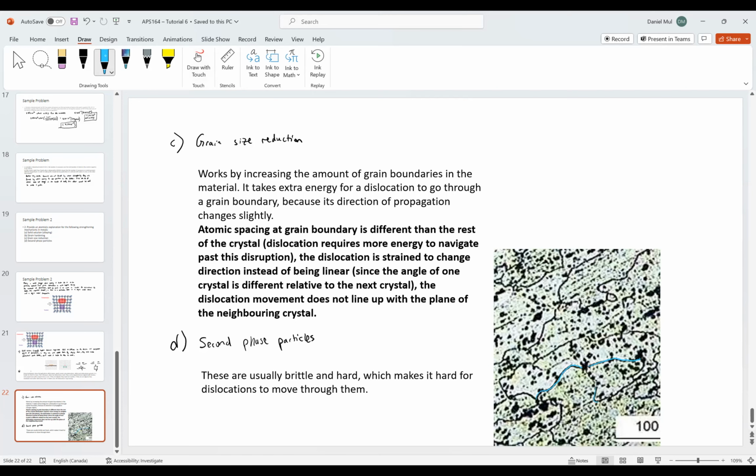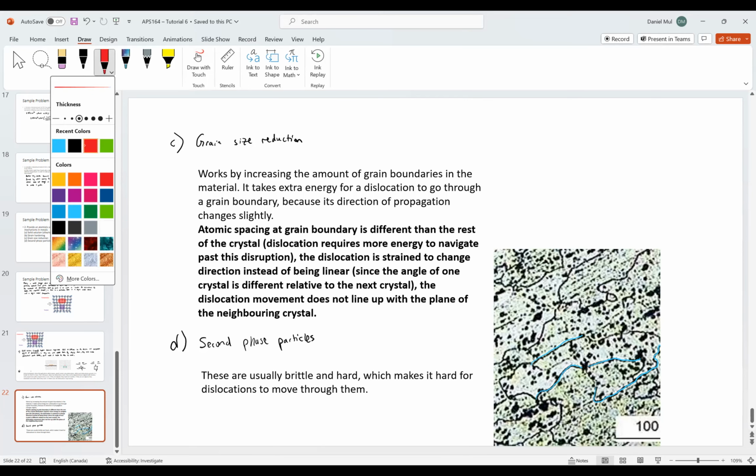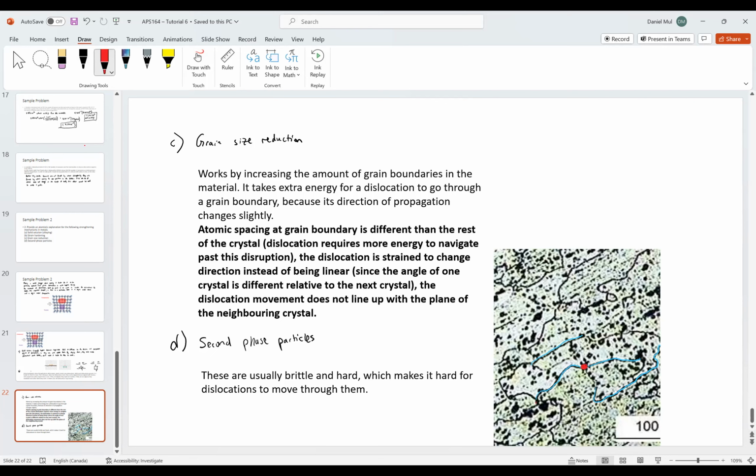All these lines are dislocations. You can see that they go through these second phase areas, but it's very hard for them to do that. You can continue these dots everywhere. That's how we strengthen through second phase.